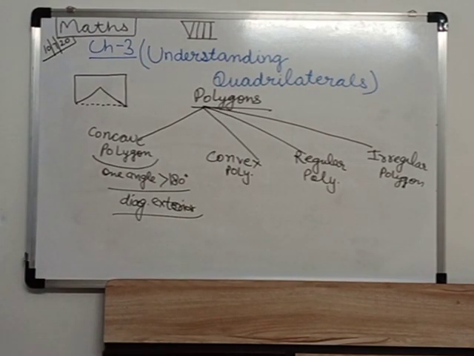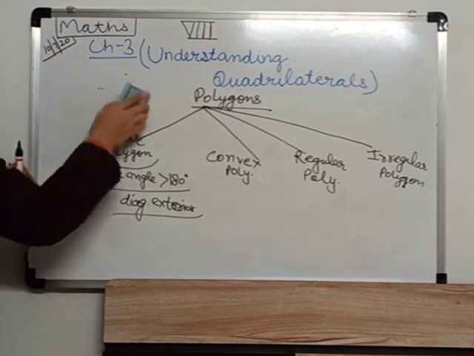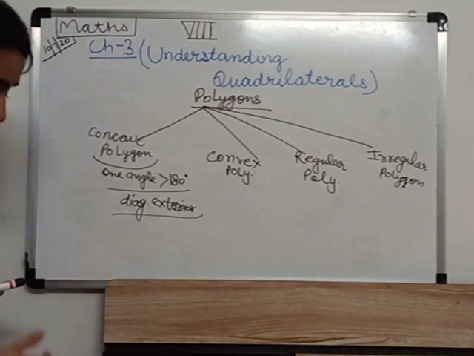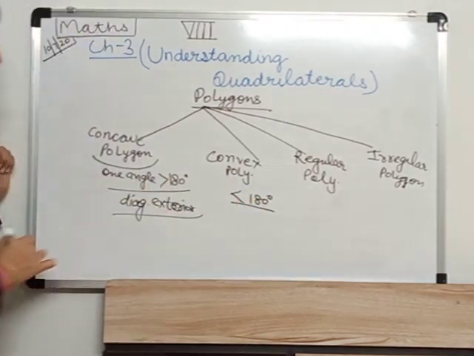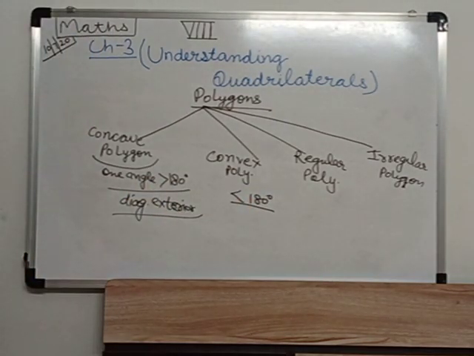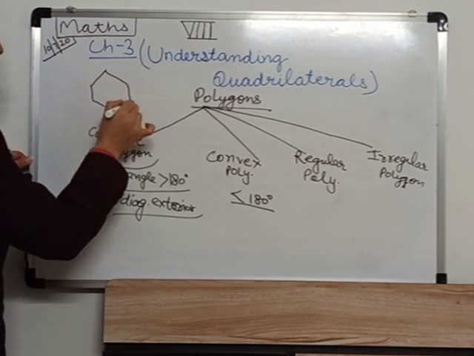And in a convex polygon, the interior angle is less than 180 degrees. See this example of a convex polygon.